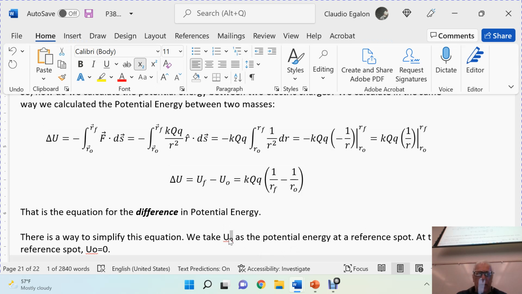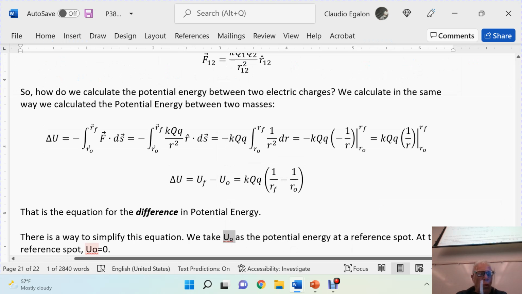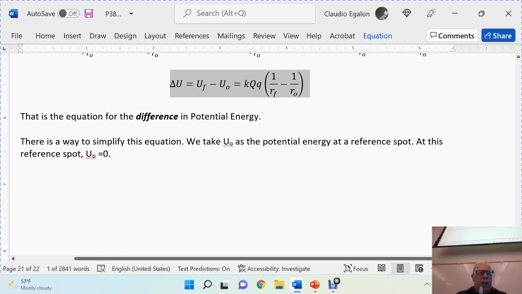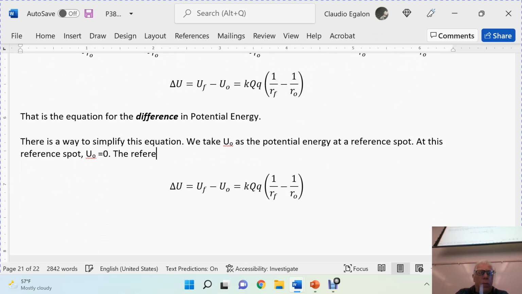We take U naught as the potential energy at the reference spot. The question here is where this reference spot is. The reference spot depends on the equation for the potential energy, for the difference in potential energy.